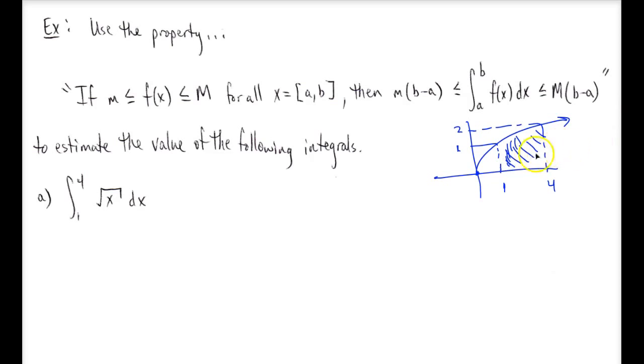Now, we know that the little m right here stands for the minimum value of the function between 1 and 4, and the big M stands for the maximum value. Since square root of x is monotonically increasing, the minimum value is just going to be 1, and the maximum value is just going to be 2.